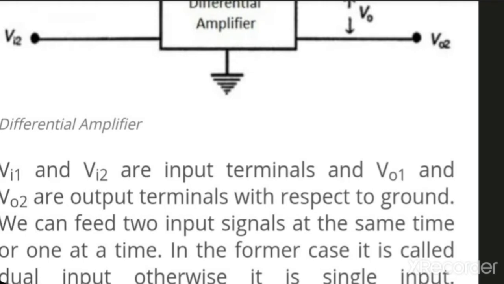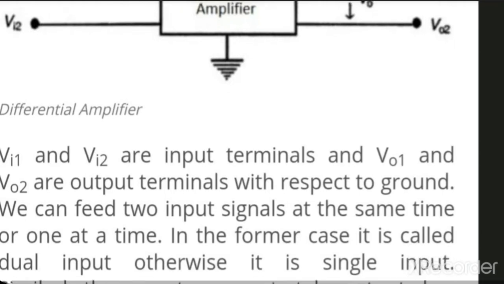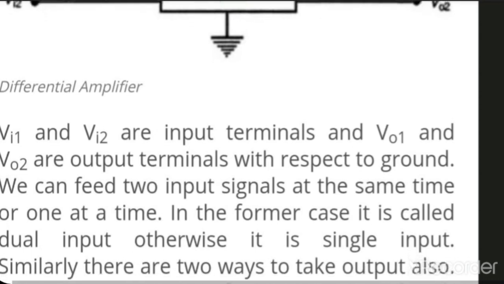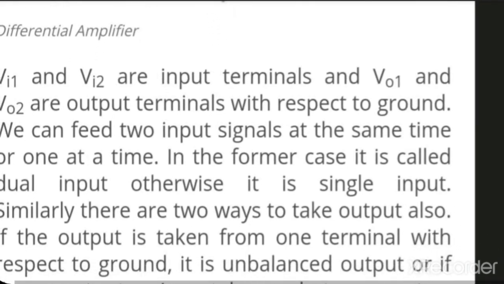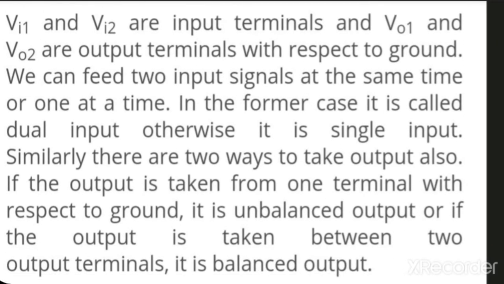If we feed two input signals, we can call it dual input, and if we feed only one input signal, we can call it single input. Similarly, there are two ways to take output also. If the output is taken from one terminal with respect to ground, it is unbalanced output, and if the output is taken between the two output terminals, it is called balanced output.